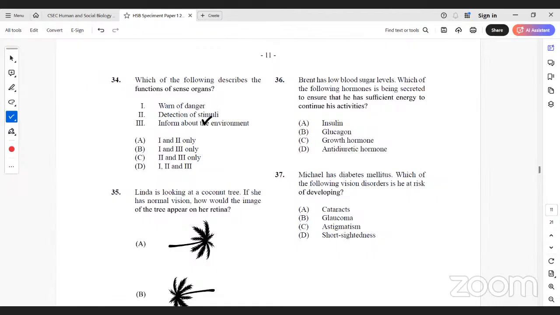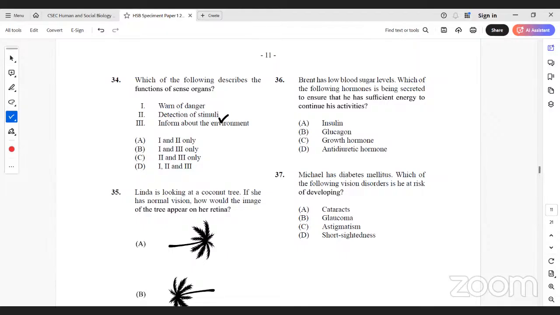Question 34. Which of the following describes the functions of sense organs? To warn of danger, detection of stimuli, inform about the environment. When you see a lion running towards you, how did you see it? With your eyes.